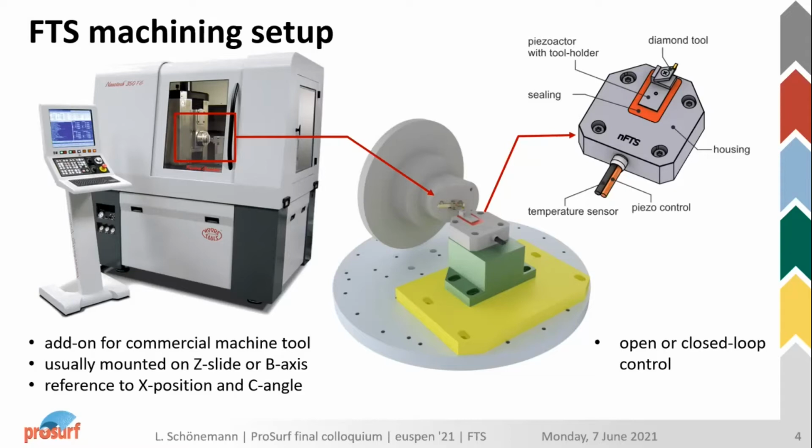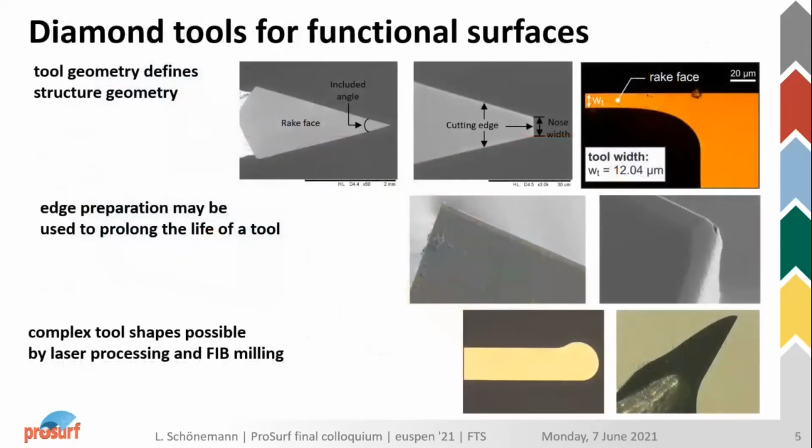When wanting to machine microstructures or nanostructures using this type of technology, a lot of emphasis is put on the tools that we apply for the diamond machining. For microstructures or even nanostructures, the tools are typically of a quite fragile geometry.